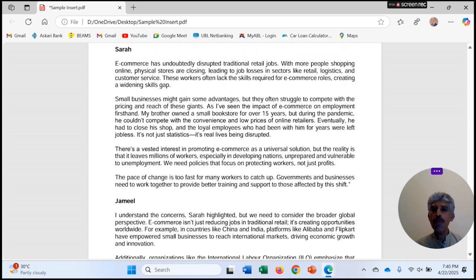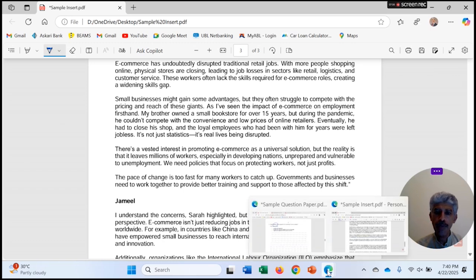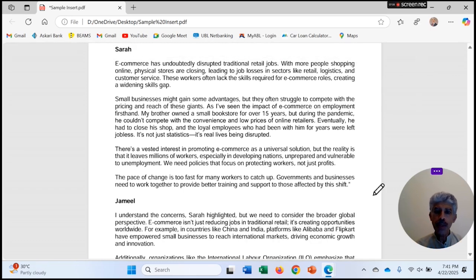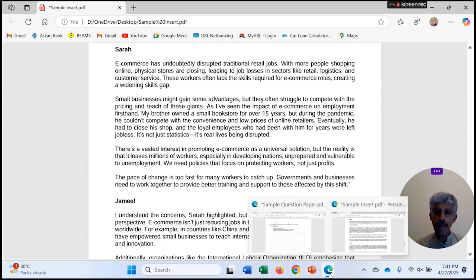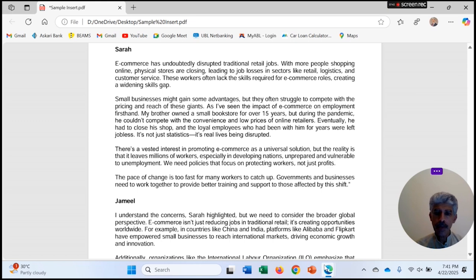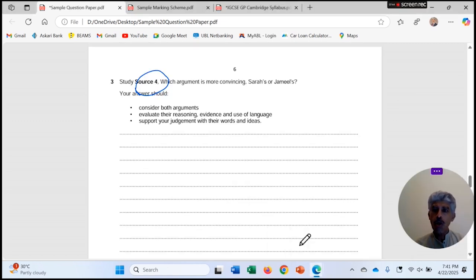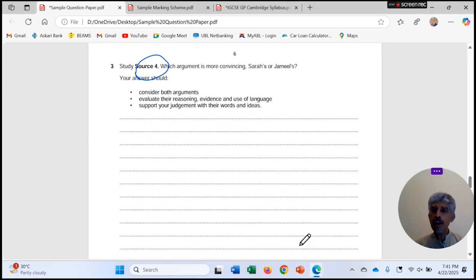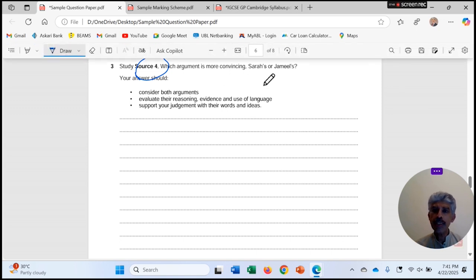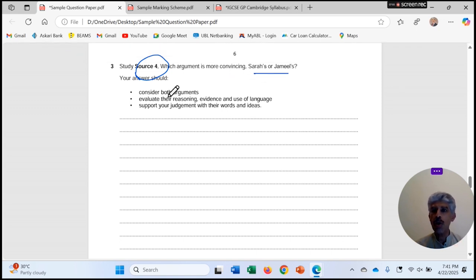So we will find out whose argument is more convincing, Sarah's or Jamil's? And we will analyze both arguments on 3 lines.